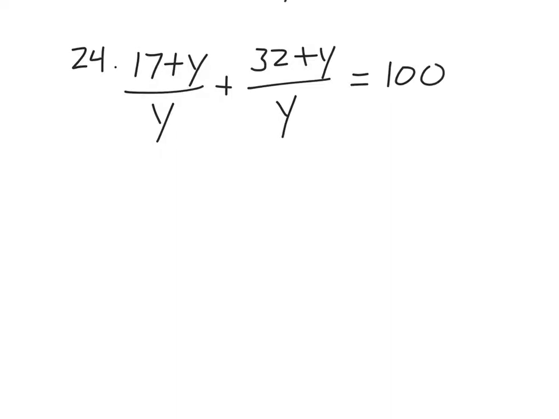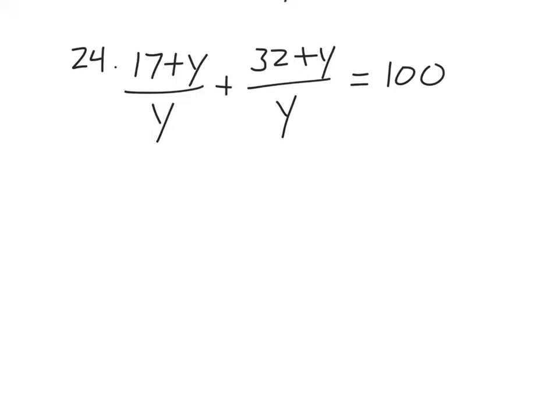All right, so as long as you stick with your rules, you can do these any way you want. And so this one's actually set up that you can add these right now because we have common denominators down here. But I don't think that's going to be the easiest for every single problem.